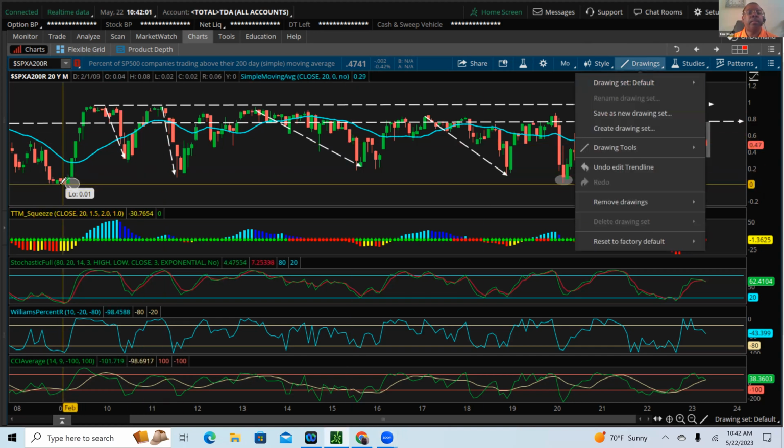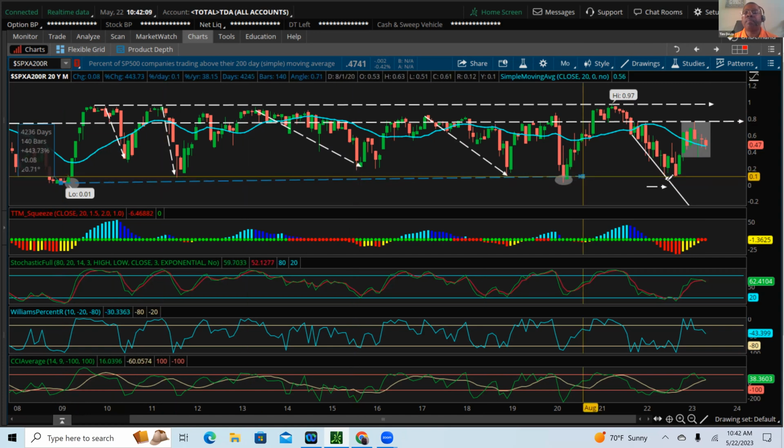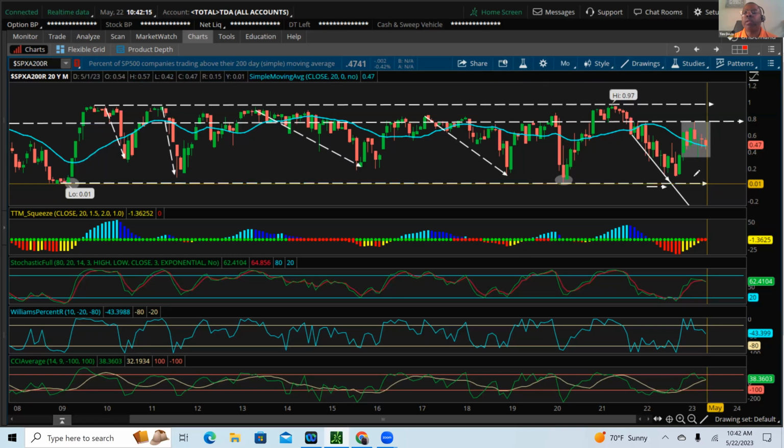And that is the low that we've seen in 2009, down to as low as 0.1%. So do we head to that low again? That's a possibility.